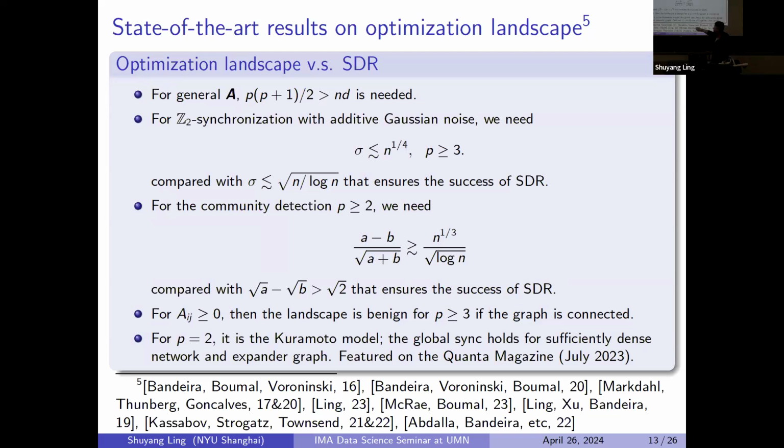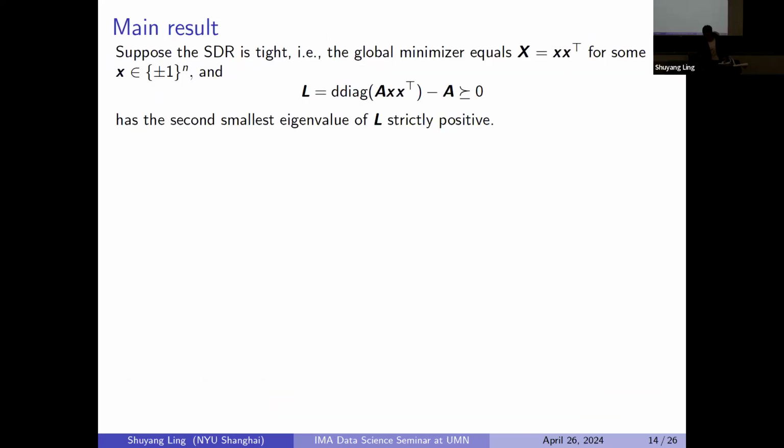And this is also true for expander graphs, for graphs that spectrally behave like a complete graph. So the question here is whether we can improve this.